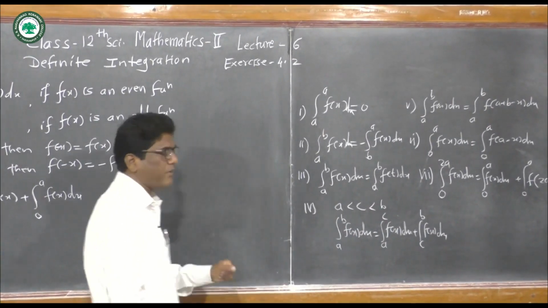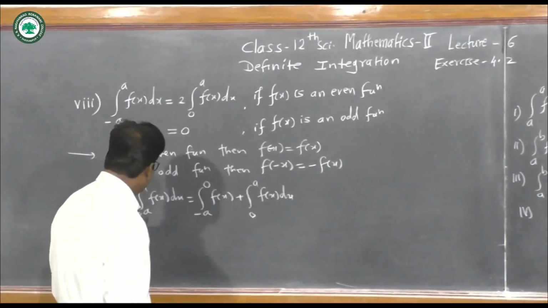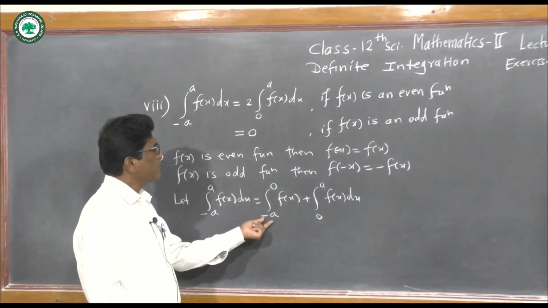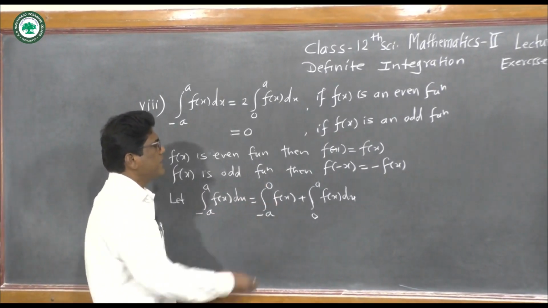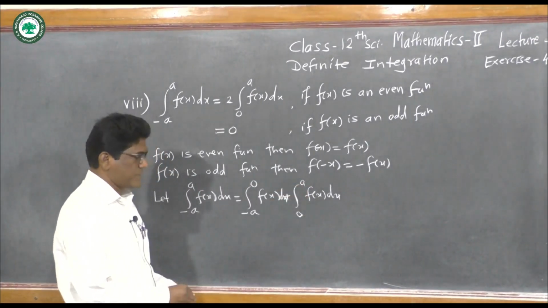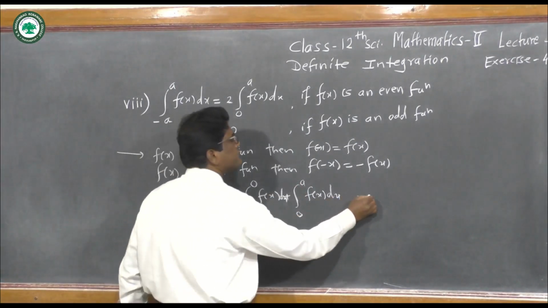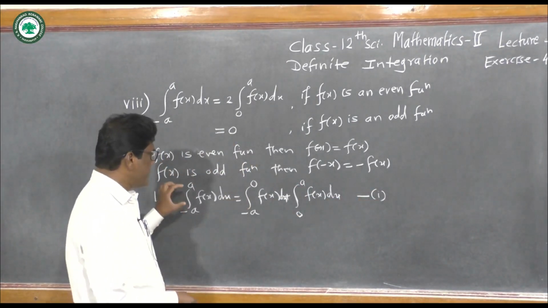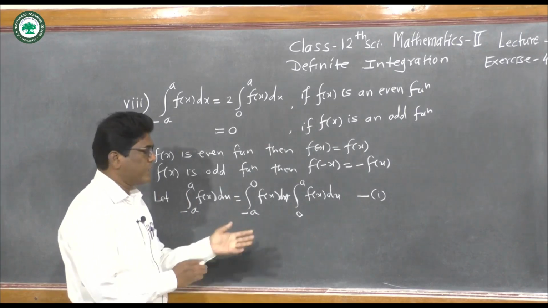Using this property, we write integration from minus a to a of f of x dx is equal to integration from minus a to 0 of f of x dx plus integration from 0 to a of f of x dx. We call this equation number 1, because here 0 lies between minus a and a.